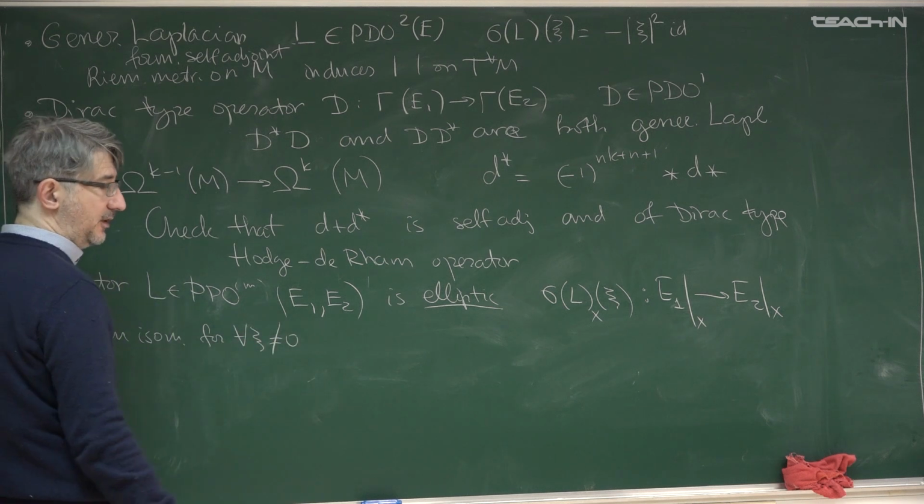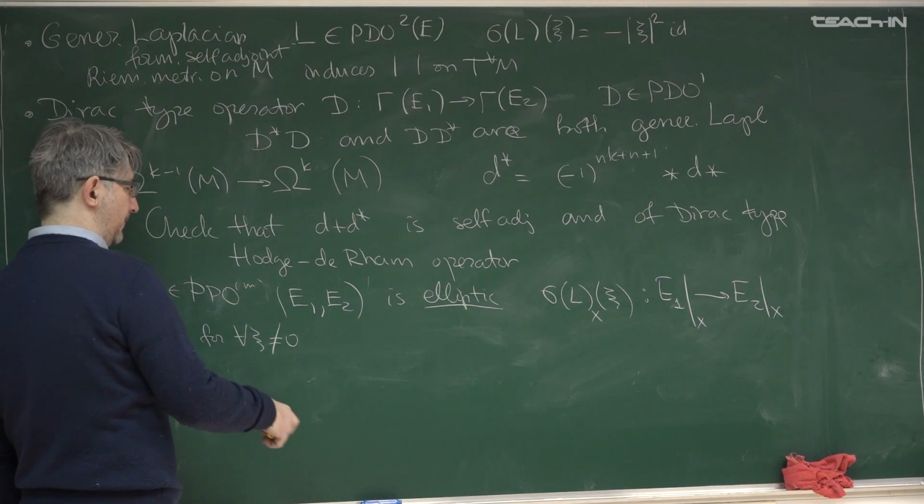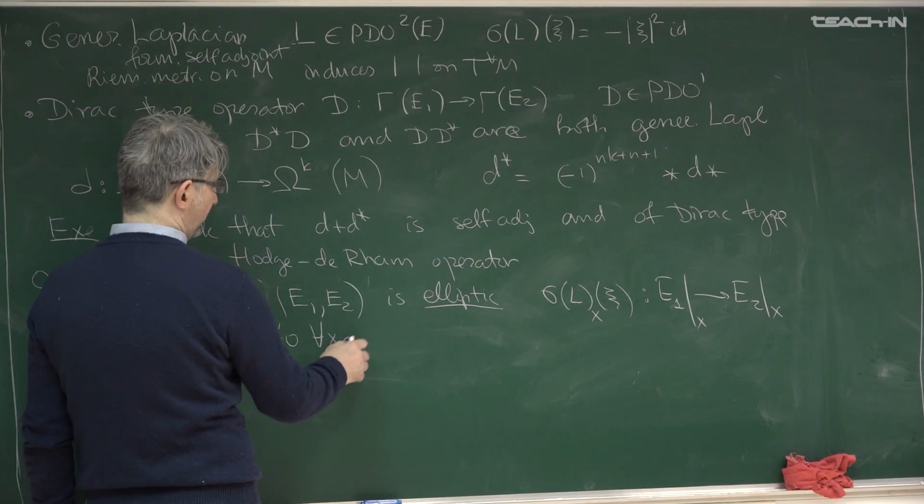So people usually say that the symbol is an isomorphism outside of the zero section, for any point x of the base manifold M.